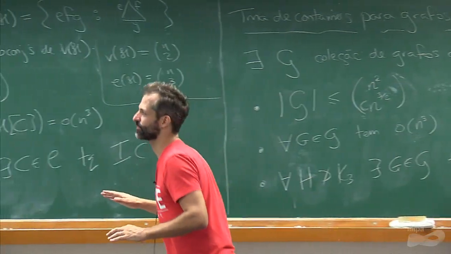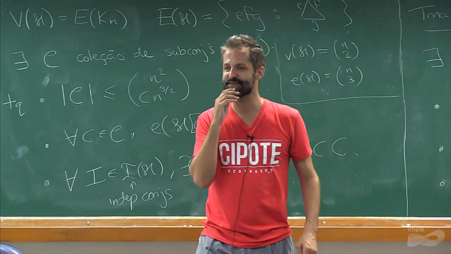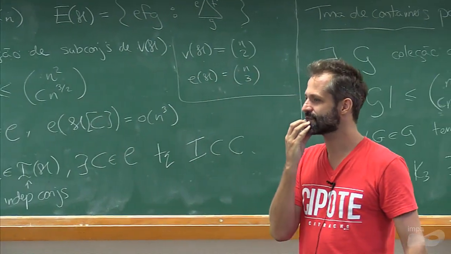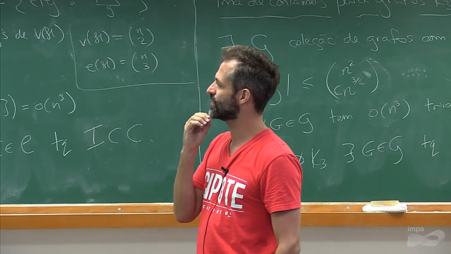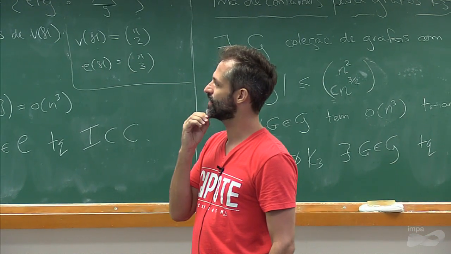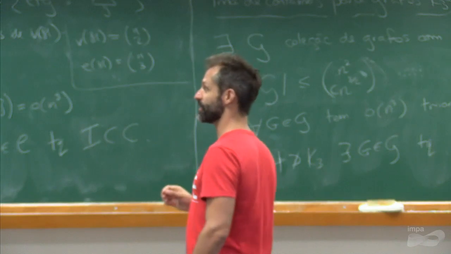A strategy would be taking the union over all independent sets that contain S and trying to find something outside of it. So that might be a strategy.